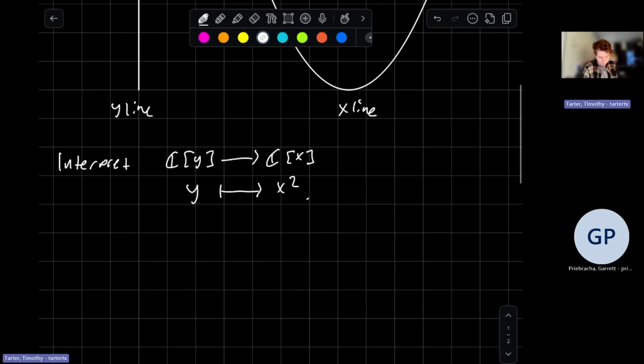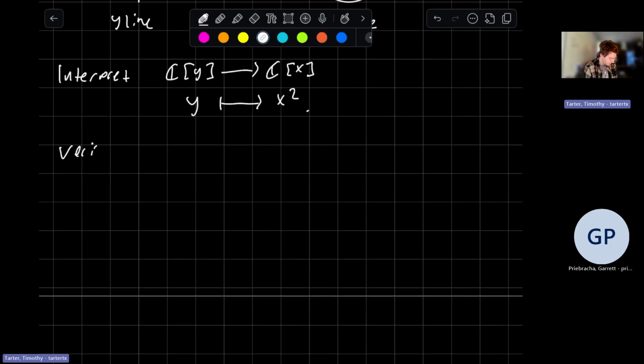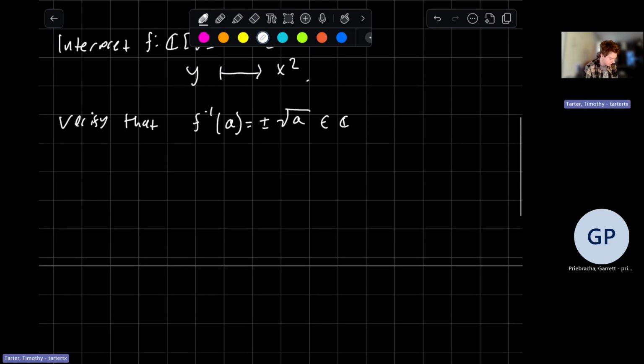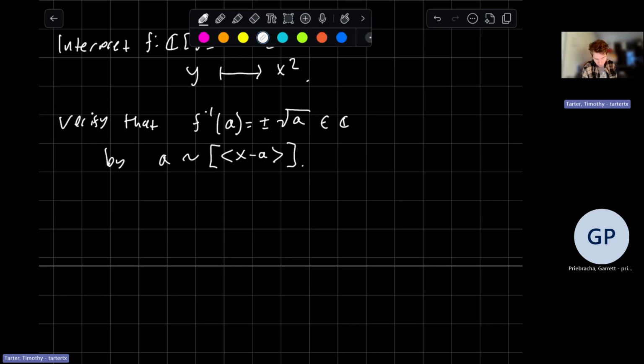Verify that the preimage, if we call this f, that f inverse of a is equal to plus or minus the square root of a in C, by identifying a with the ideal generated by x minus a, and the square root of a by x minus the square root of a.